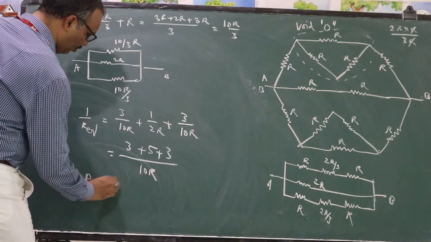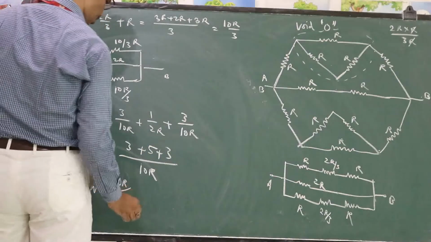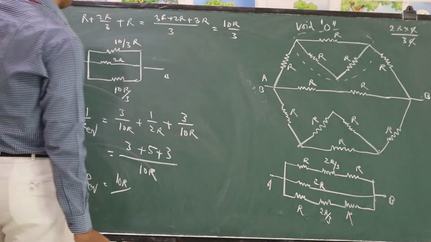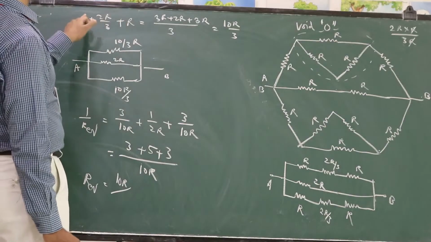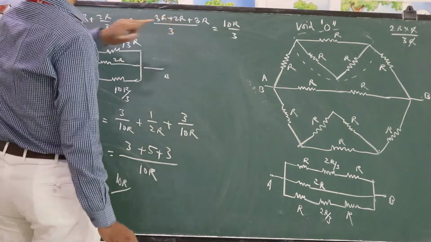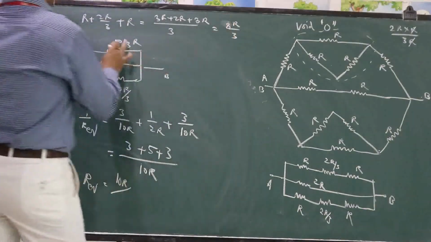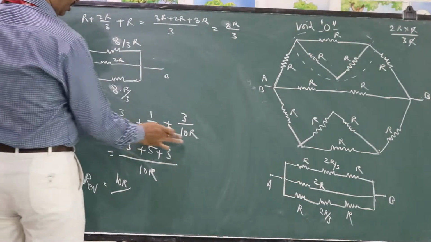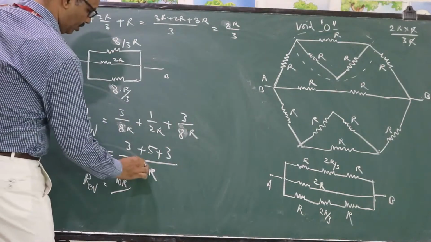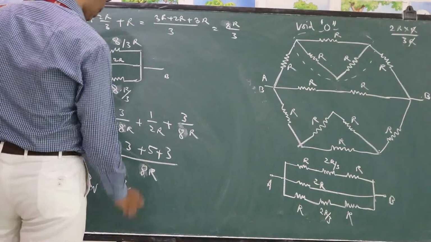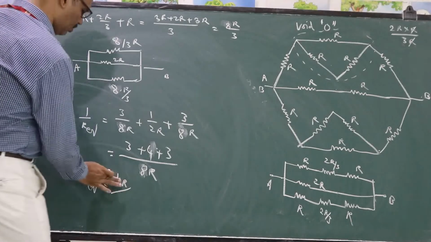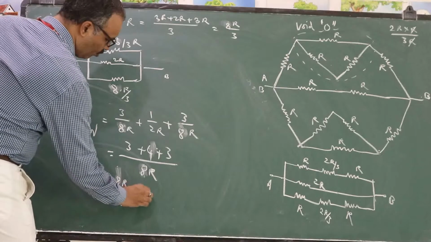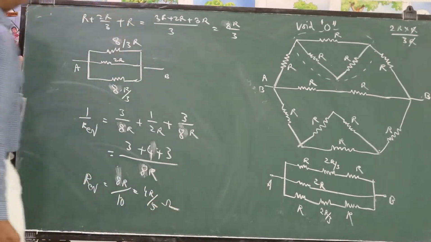So R equivalent is equal to 10R by 8R by 3, 8, LCM will be 8, 3 plus 4 plus, so 8R by 10, 4R by 5 ohms.